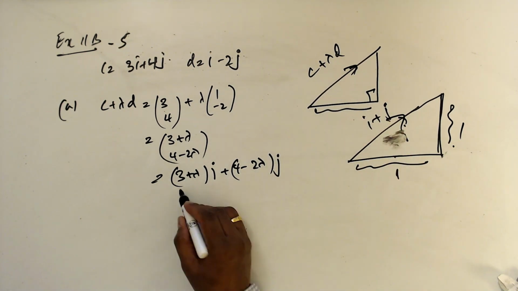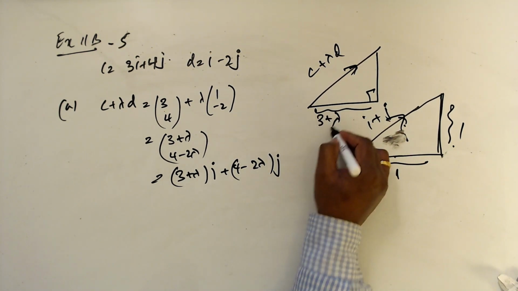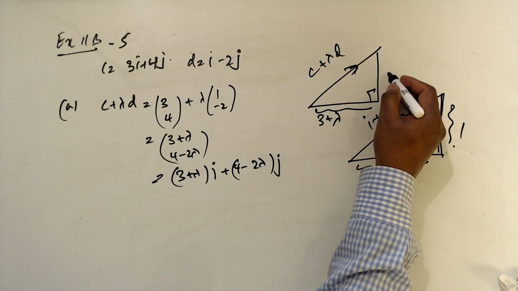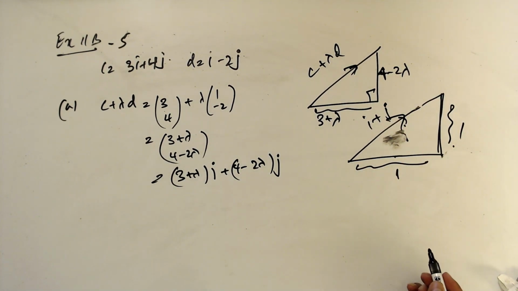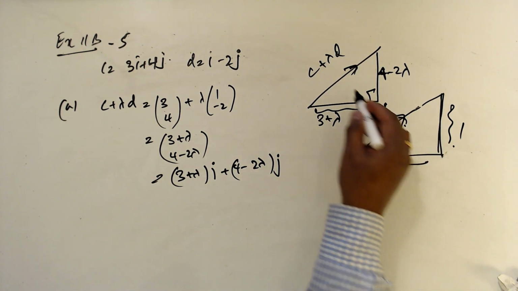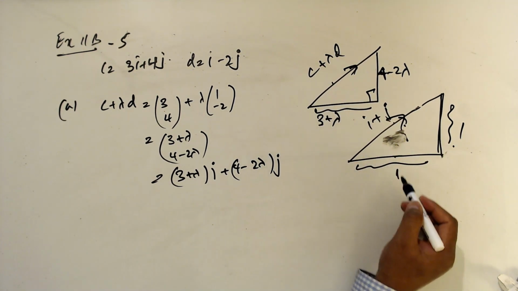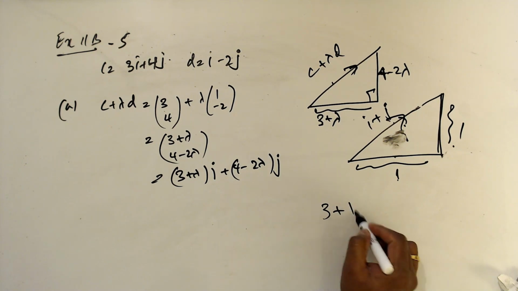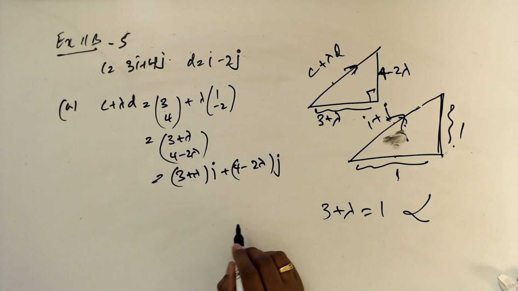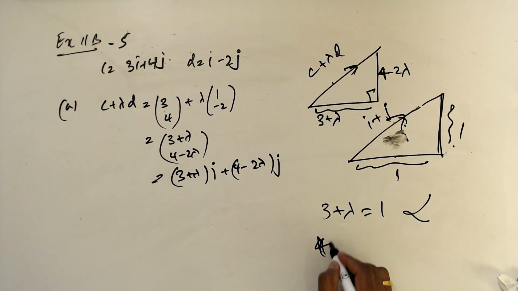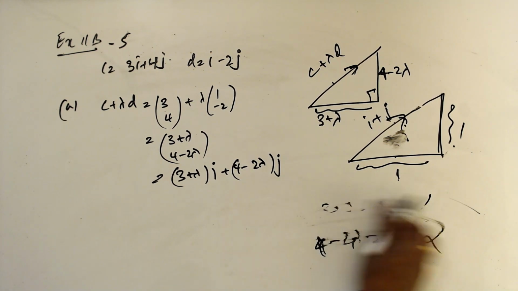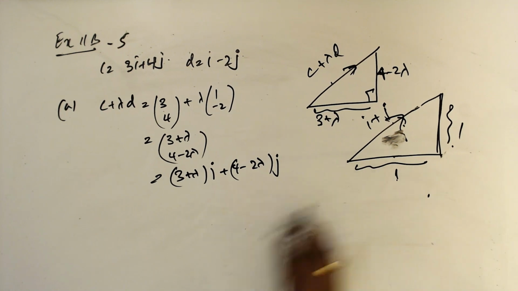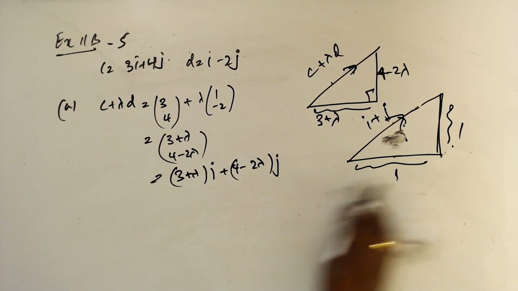This is 3 plus lambda, which is the i value, and 4 minus 2 lambda. If this is parallel, saying 3 plus lambda equals 1 is wrong, and 4 minus 2 lambda equals 1 is wrong. That's the wrong idea. So then what is right?